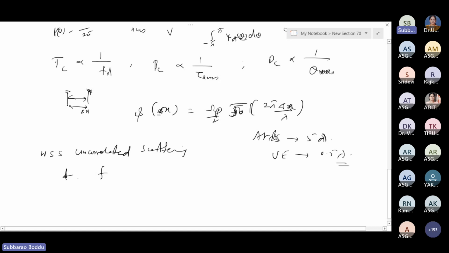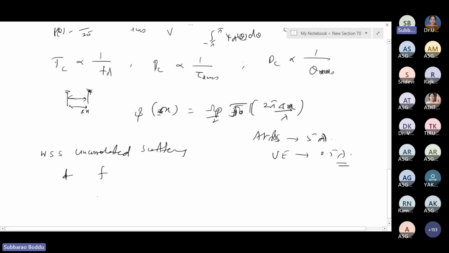The message here is that the channels at two different Doppler frequencies are uncorrelated. It means the correlation depends only on the time lag between the two channel coefficients. That is what we mean by WSS. If you take the signals at two frequencies, F1 and F2, they are uncorrelated; the correlation function depends only on the time lag.